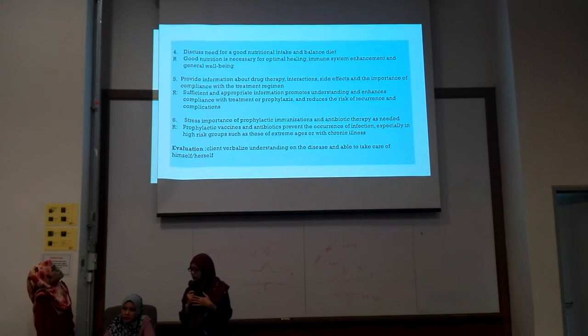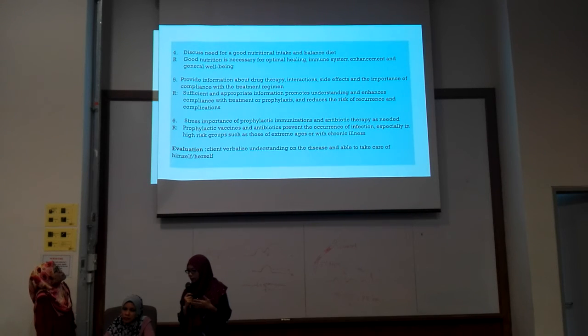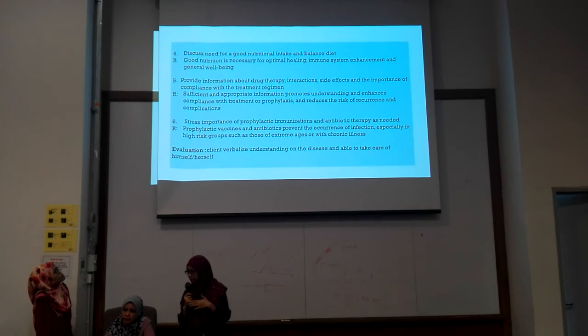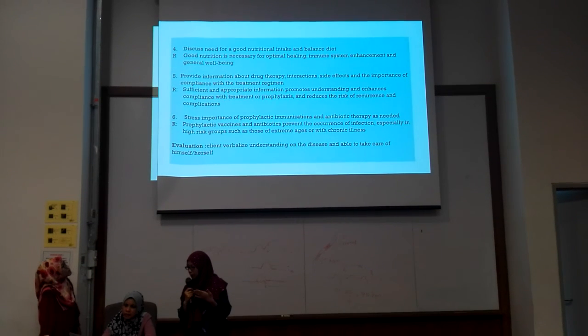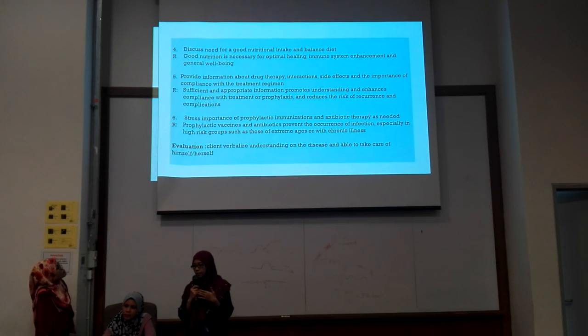Number 4, discuss need for good nutritional intake and balanced diet. Good nutrition is necessary for optimal healing, immune system enhancement, and general well-being. Number 5, provide information about drug therapy, interactions, side effects, and importance of compliance with the treatment regimen.